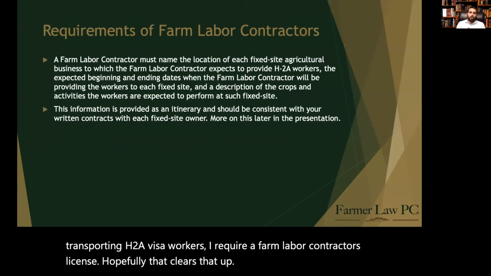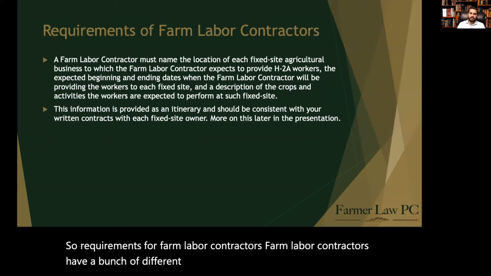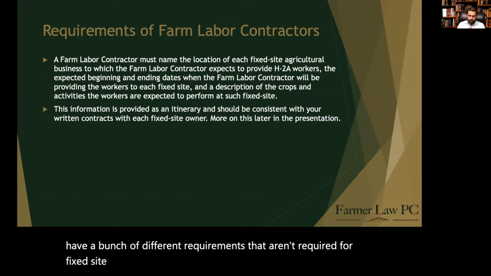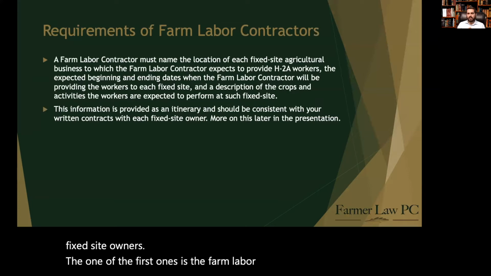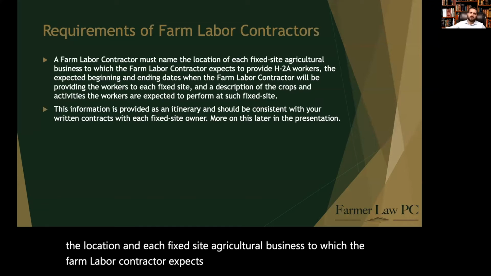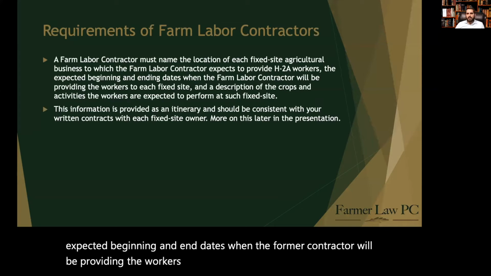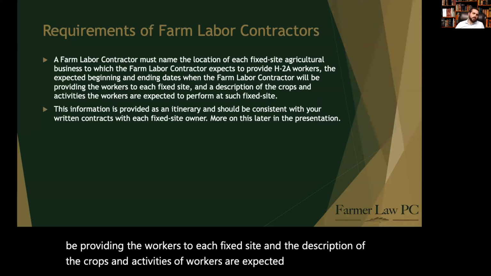So, requirements for farm labor contractors. Farm labor contractors have a bunch of different requirements that aren't required for fixed site owners. One of the first ones is a farm labor contractor must name the location of each fixed site agricultural business to which the farm labor contractor expects to provide H-2A workers, the expected beginning and end dates when the farm labor contractor will be providing the workers to each fixed site, and the description of the crops and activities the workers are expected to perform at such site.